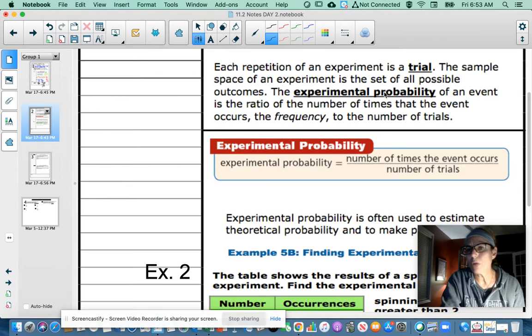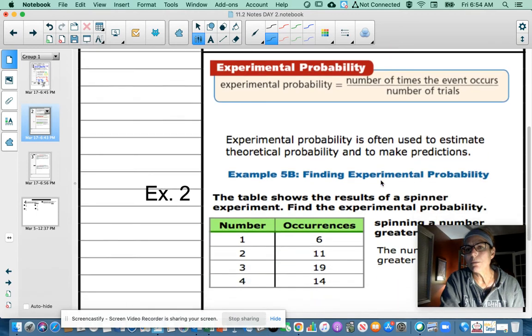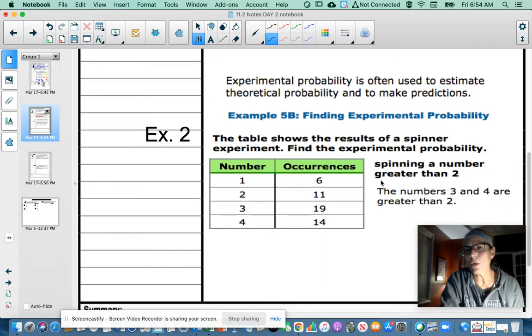The experimental probability of an event is the ratio, fraction, of the number of times that the event occurs, that's in the numerator, the top, that's the frequency, to the number of trials. And here is our formula for experimental probability. Experimental probability is often used to estimate theoretical probability and to make predictions.